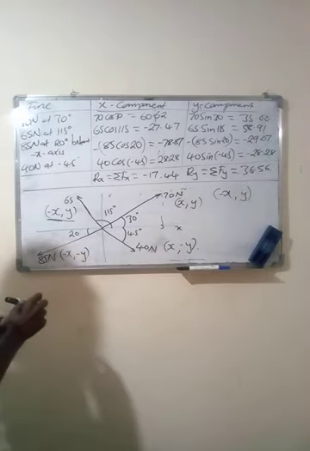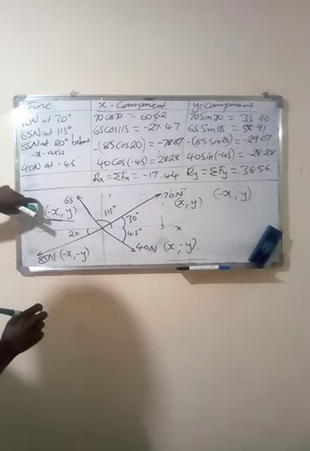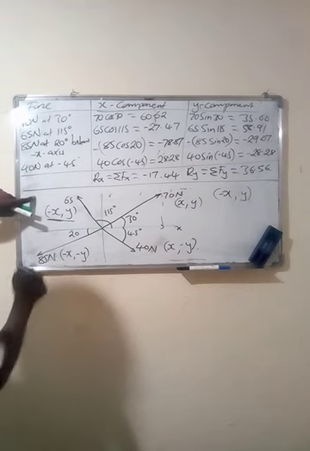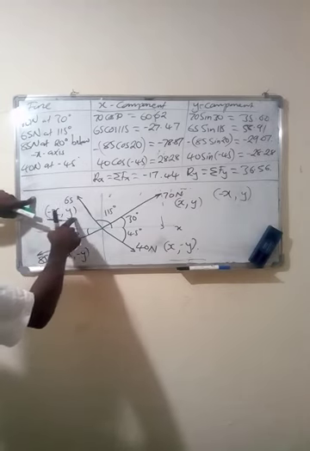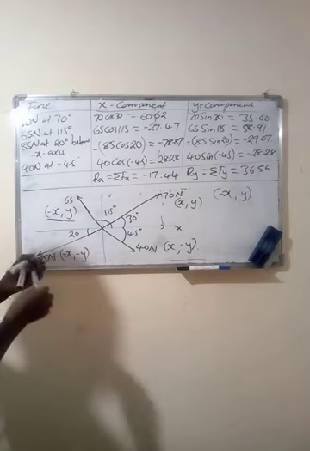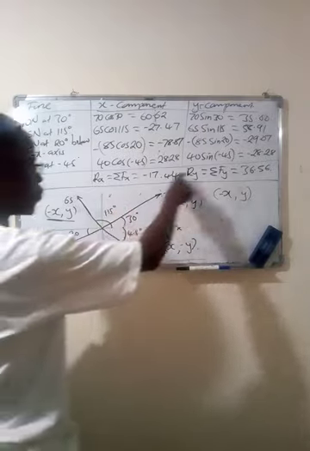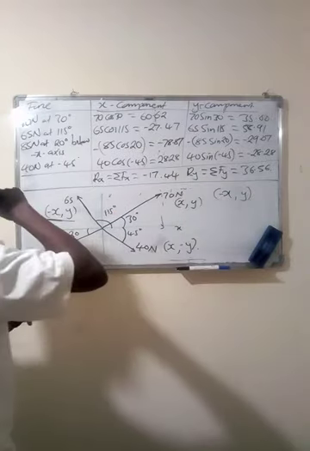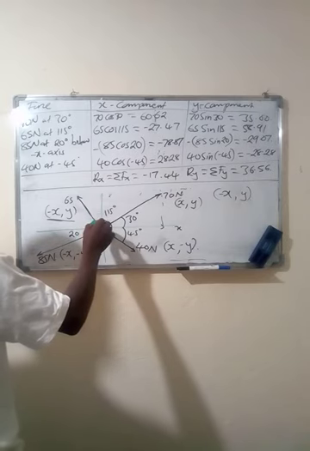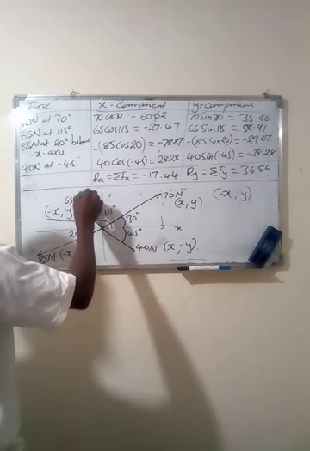Because that's why we have negative x, comma, positive y. So we expect our resultant force to be somewhere here. If we were to plot these values, we would find that it's probably going to be somewhere here. This is going to be the resultant.